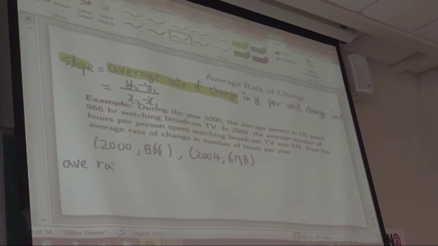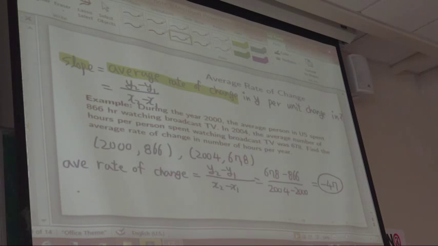So the average rate of change is the same, y2 minus y1 over x2 minus x1, which is 678 minus 866 over 2004 minus 2000, and this is negative 47 if we simplify that. So there is a 47-hour decrease per year.